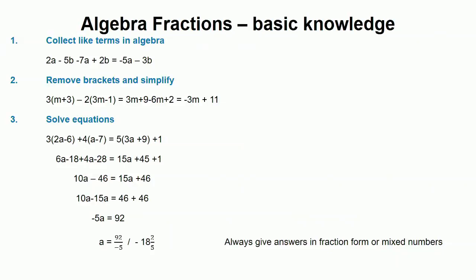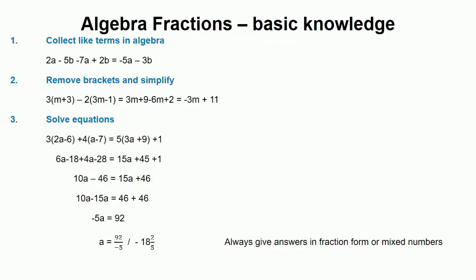Now, first I add the like terms on the left. 6a plus 4a is 10a. 18 minus 28. I owe 18, but I owe another person 28. So together I owe 46. That's why minus 46. Then 15a doesn't have another term to add to, and the 45 plus 1 is 46.